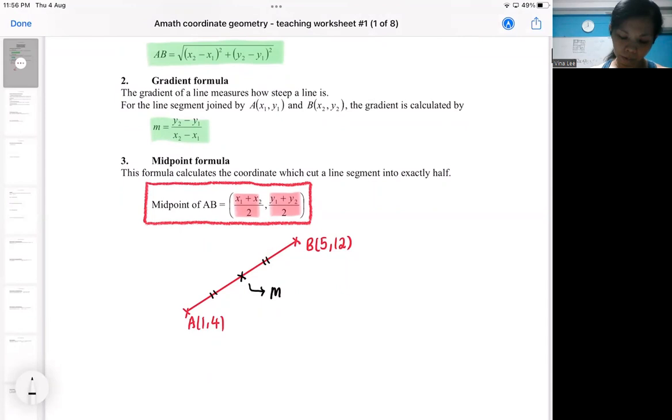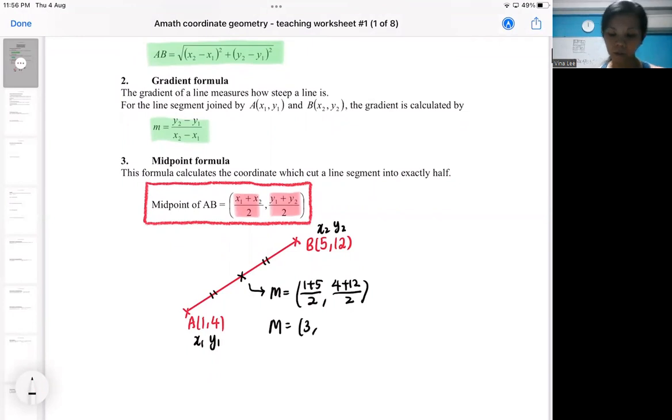You can label it as x1, y1, x2, y2, whichever you want. If I want the midpoint, I share out the x and share out the y, and divide by 2. This will be an important part in the equation of perpendicular bisector. Later on you will see it.